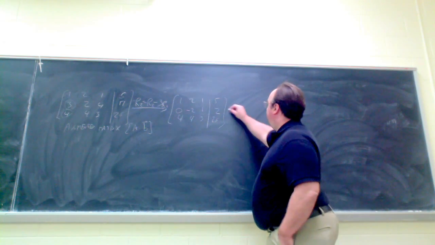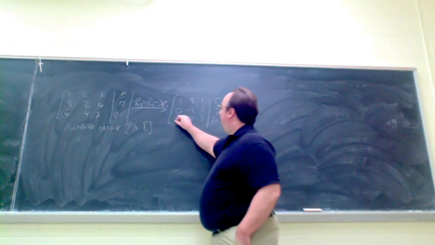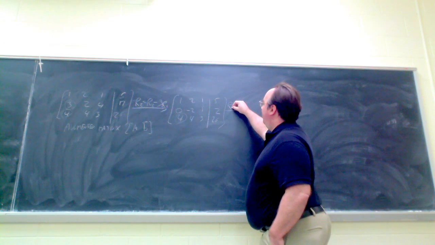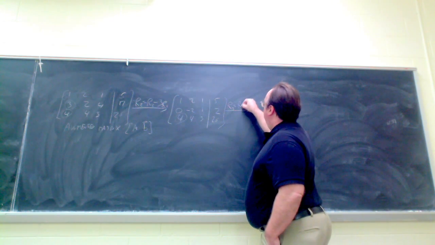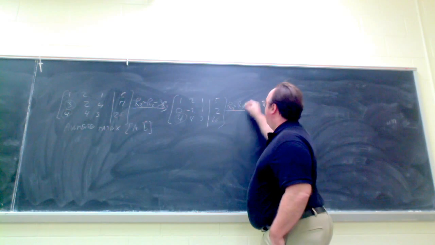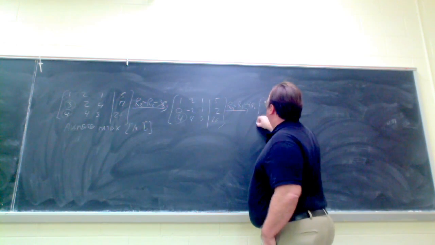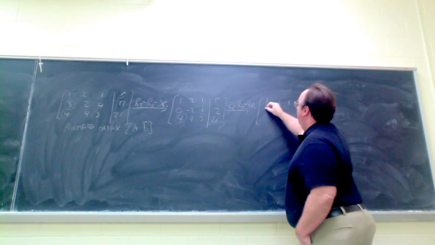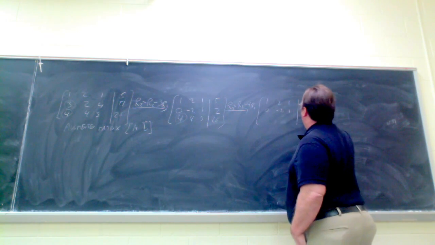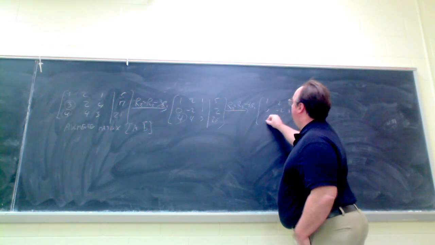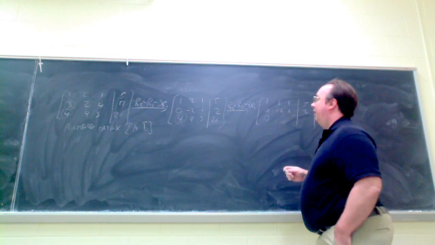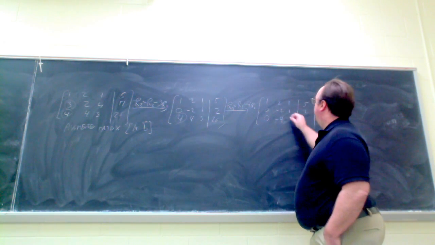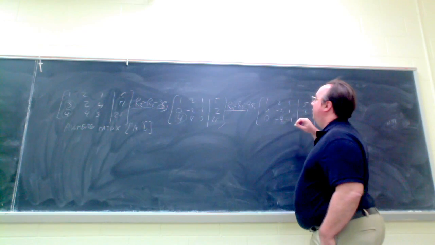And now we do it again to target this entry. Again, because the numbers work out nicely, it's easy to see what to do. So the third row is itself minus 4 times row 1. Okay, so I get 0 here.